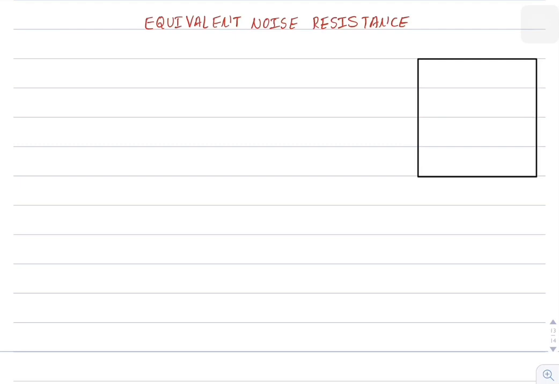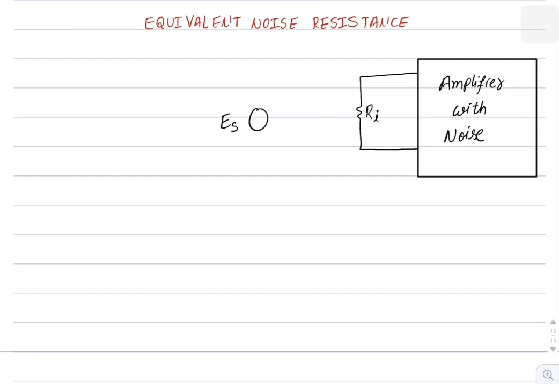Equivalent noise resistance. In this concept, we shall see how an amplifier with noise can be divided into two individual parts, a noiseless amplifier system and an equivalent noise circuit. You know that for every amplifier there exists an input resistance Ri, to which a voltage source is connected whose value is Es, and Rs is the source resistance.